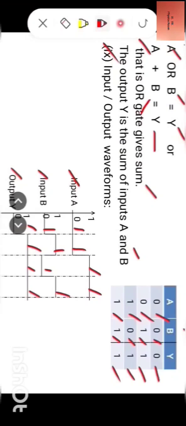And we have seen the 9 steps we have followed for explanation of the OR gate, and for every gate we will follow these 9 steps. If you understand OR gate properly, then you follow these 9 steps for every gate, and it will become easier for you to explain other gates.